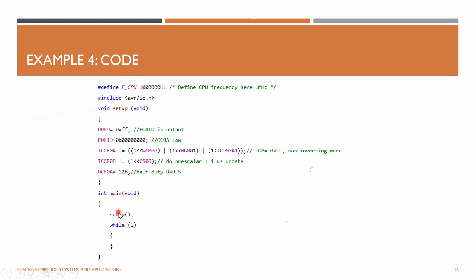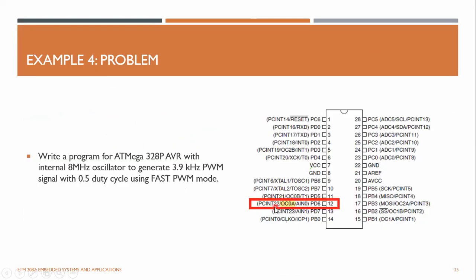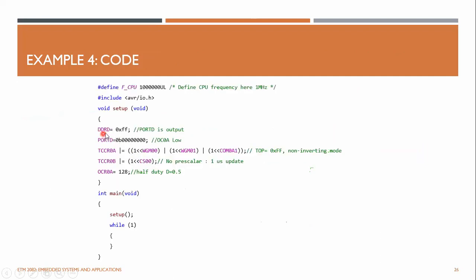First, the main function, go to the setup. In the setup, we are using this pin, the OC0A dedicated pin for timer compare output. That is on port D. So I have to set port D as output and initially set it to low. And I'm using non-inverting mode and the top value is 255.